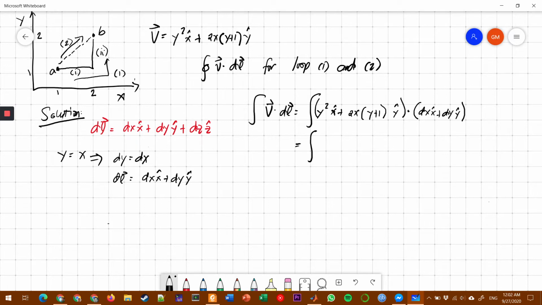So we have y squared dx plus (2xy plus 1) dy. So that's it. Now the question now is, unsa ang iyahang interval? This is from A to B, right?